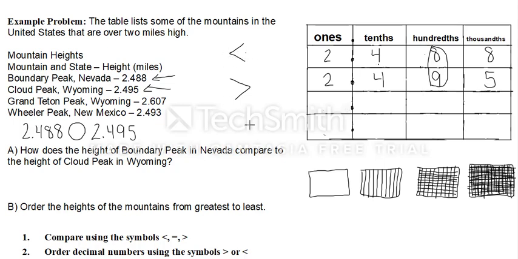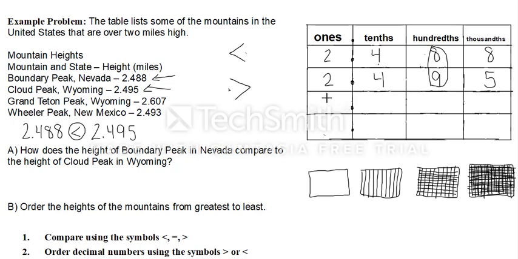And to read this one, this is the larger side of this symbol, so we read greater than. So we have less than and we have greater than. So I know then, comparing the hundredths place, that this 2 and 488 thousandths is less than the 2 and 495 thousandths. Moving on to compare all the numbers.